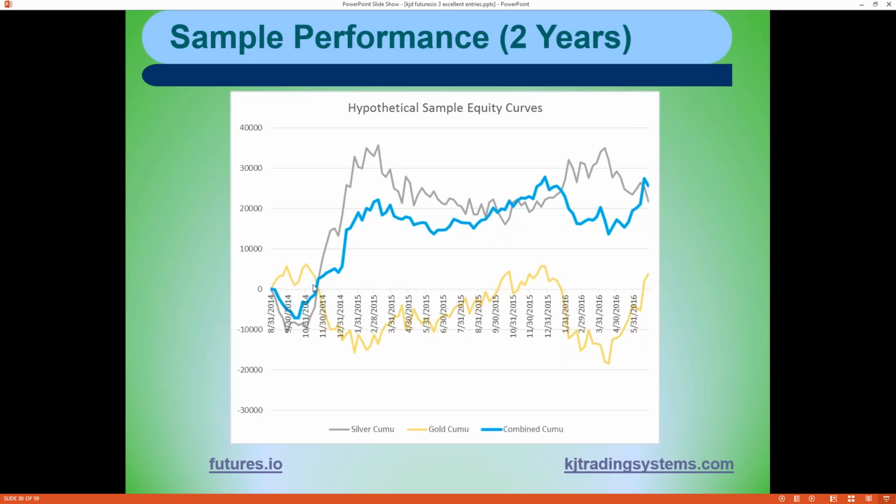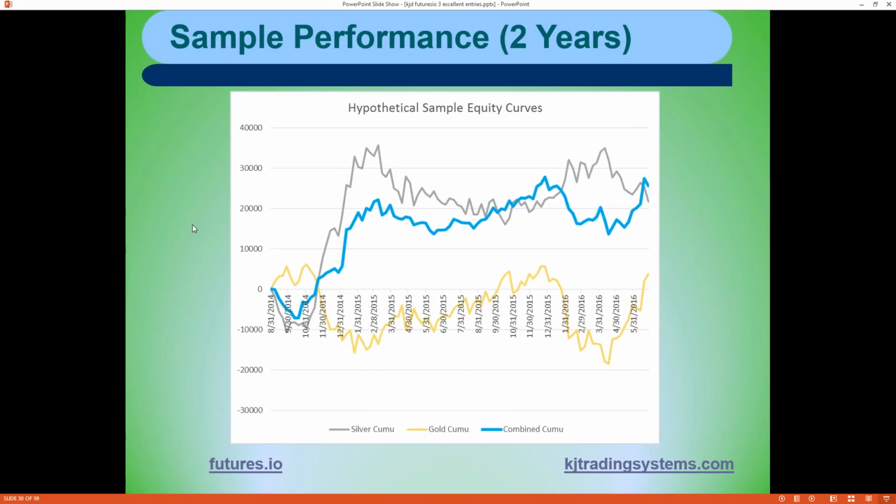I have the gold as the yellow or gold color. During this 2-year period, it didn't really do a whole lot. It ended around break even. The silver, the gray color, did a lot better than the gold did. And the combined one is that heavy blue line.